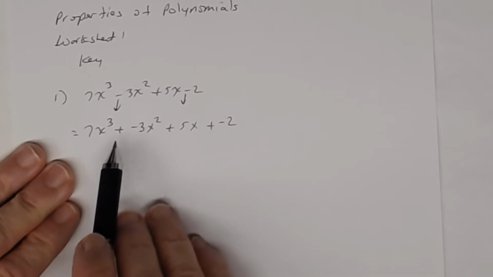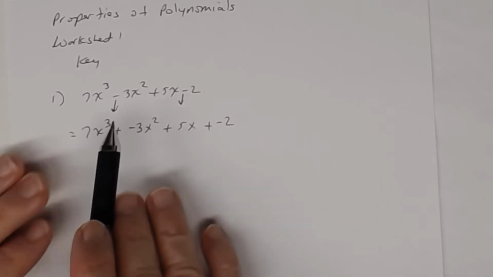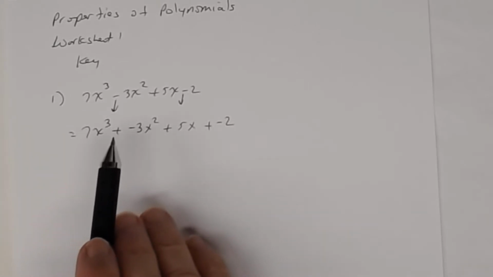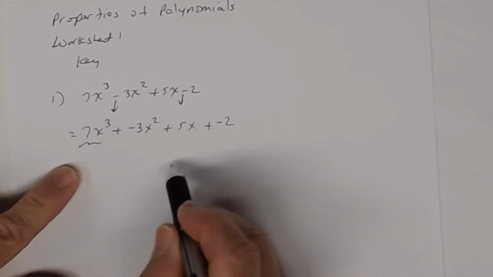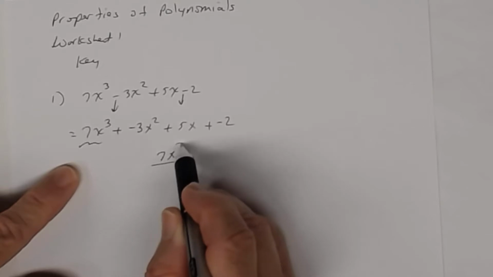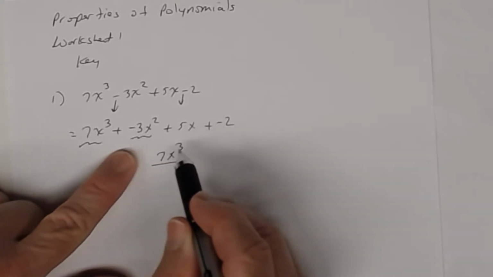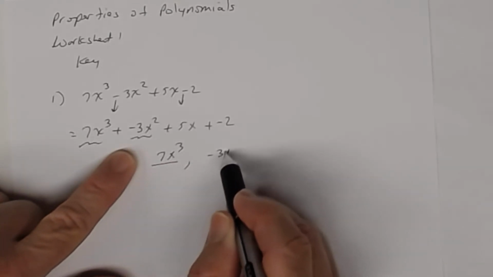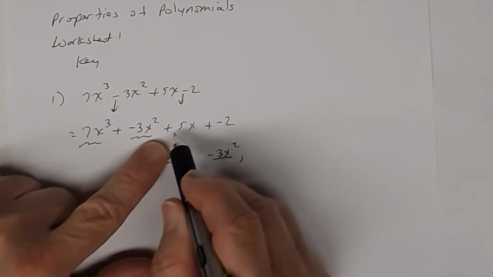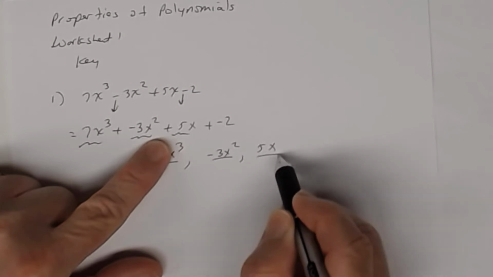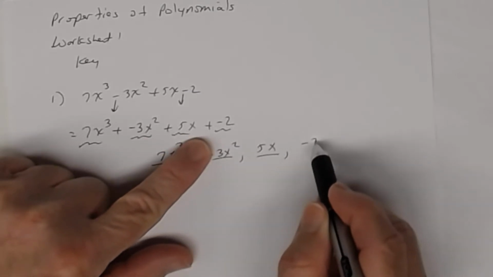All right. So when you're asked to list the terms or to identify the terms, always think of subtraction as addition. And so your terms are 7x cubed. The next one is a negative 3x squared. Okay, not positive, negative 3x squared. The next one is a positive 5x. And the next one is a negative 2.